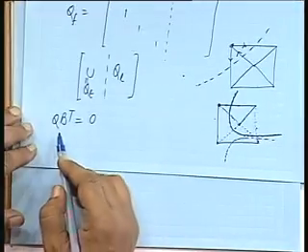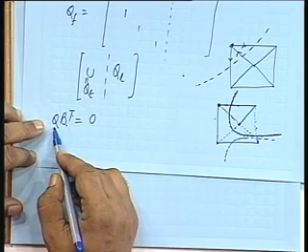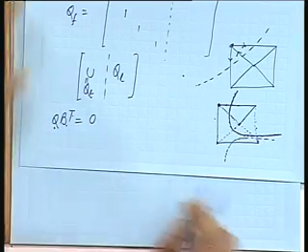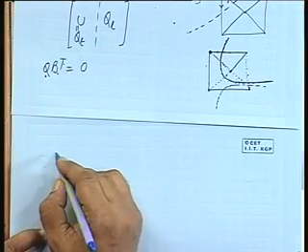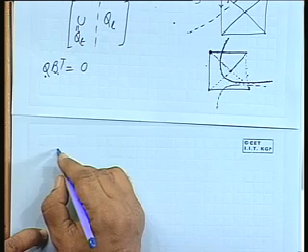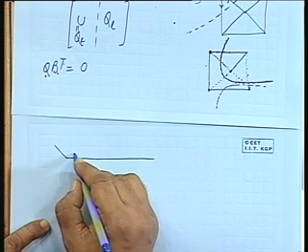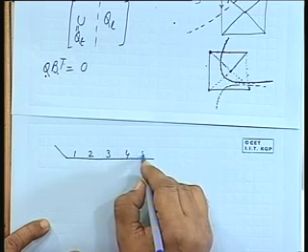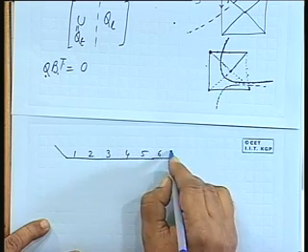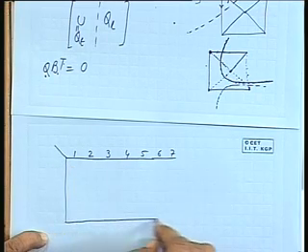because we are taking the product of the loop matrix transpose and the Q matrix. Now, what does it mean? Suppose the elements of the Q matrix are 1, 2, 3, 4, 5, 6, 7, it is a 7 element network.